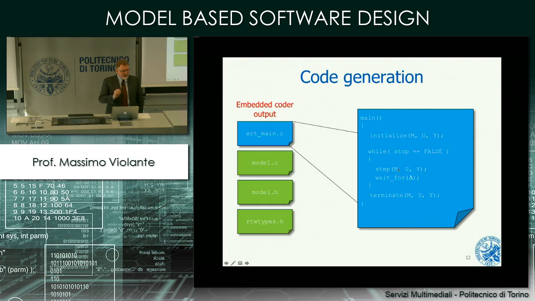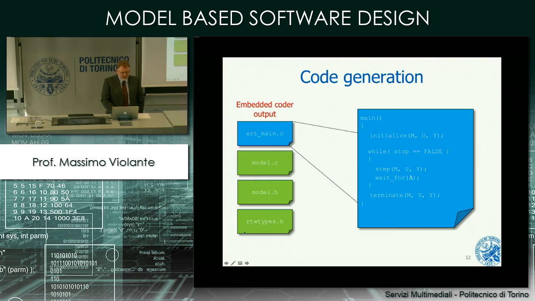So the model is translated into 3 files. This is because we selected the compact option. Among these 3 files, what is important is model.c, because it contains the code corresponding to the model. The code is distributed over 3 functions: initialize, step, and terminate.